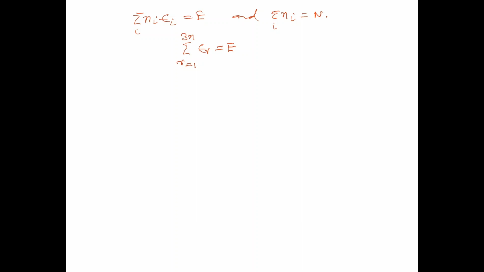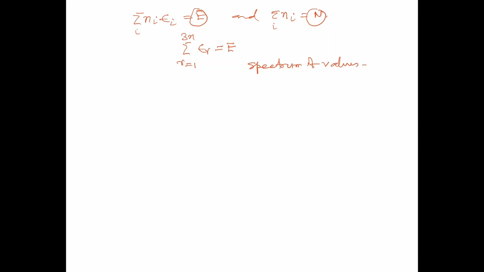The reason why this number should depend upon the parameters N and E, that is capital N and capital E, is obvious. Apart from the obvious dependence of the number of microstates on capital E and capital N, the number would also depend upon the spectrum of values which the variables epsilon R can assume.